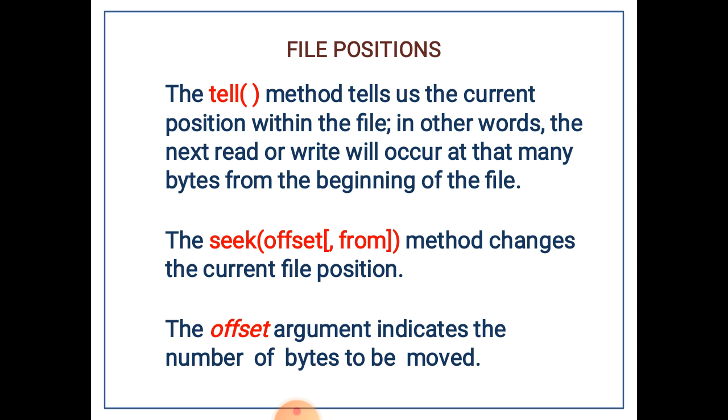That means the next write or read will occur at that many bytes from the beginning of the file. So the tell method tells us the current position within the file, where we are working, where we are going to read, or where we are going to write something.